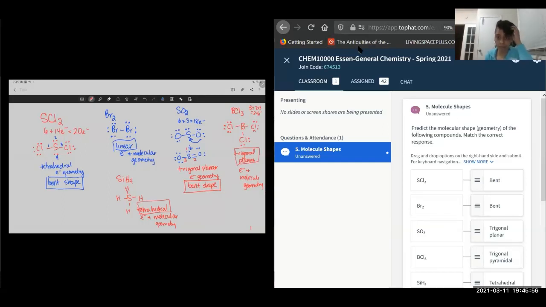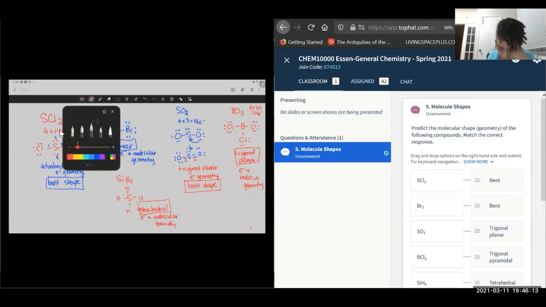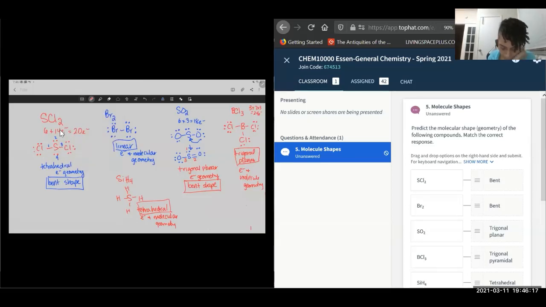All right, guys. Let us take a look at the answers here. So if we're looking at the first one, SCl2, notice that we've got 1, 2, 3, 4 electron groups.